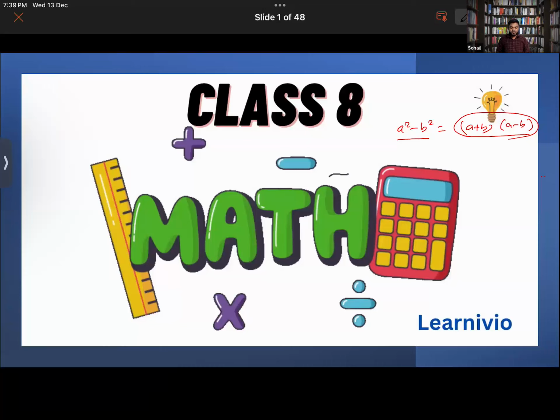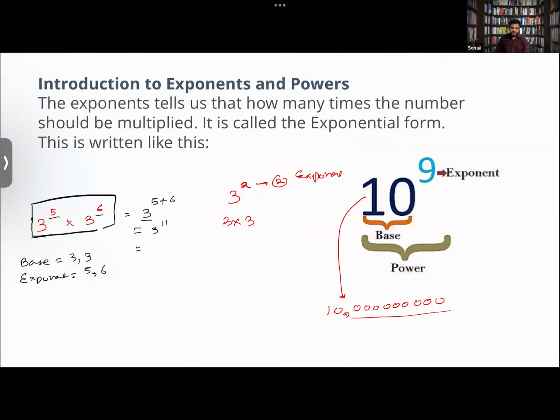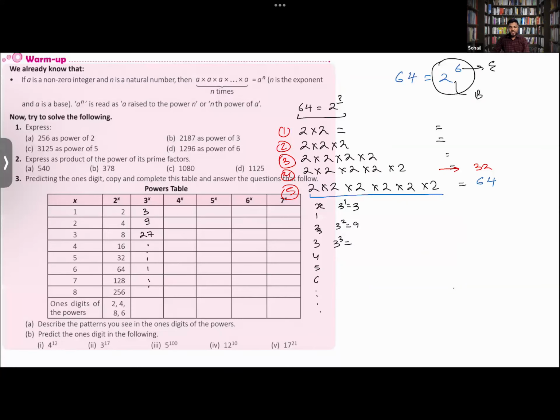Now, what are the different terminologies associated with the exponents? Basically, powers and exponents में जो terminologies हैं, what do they represent? Can you repeat? My question was, what are the terminologies associated with exponents and powers?